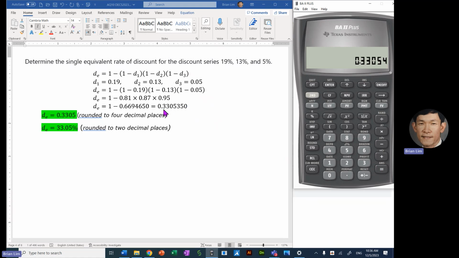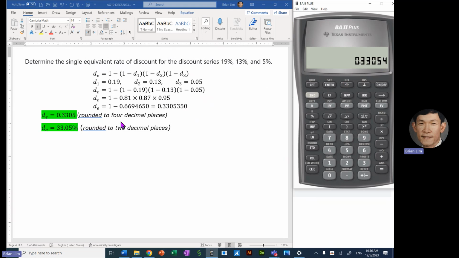If we stop after 5 decimals, 1, 2, 3, 4, 5, and we round here, this 3 would become a 4, and that is what we're seeing here, displayed as 0.33054.